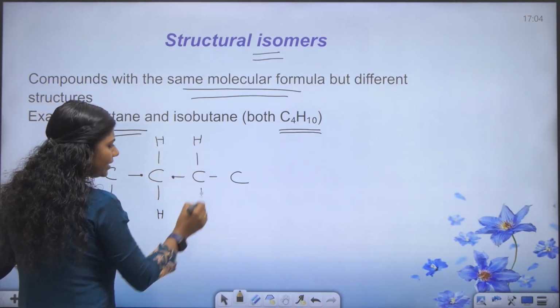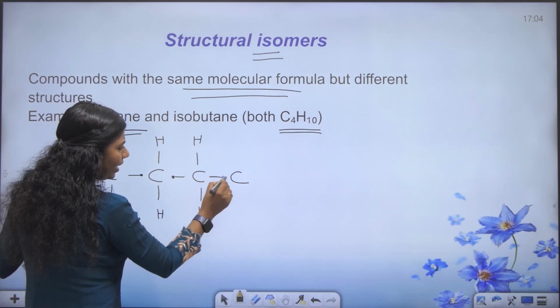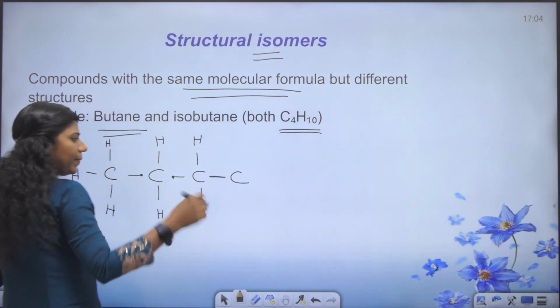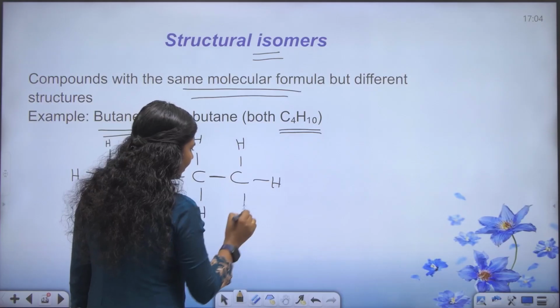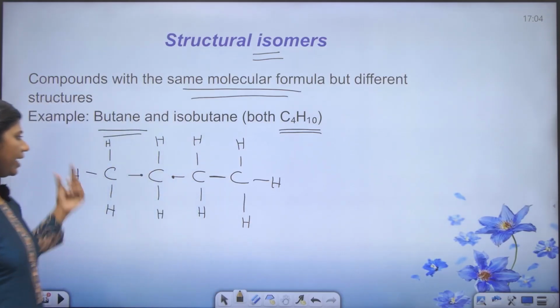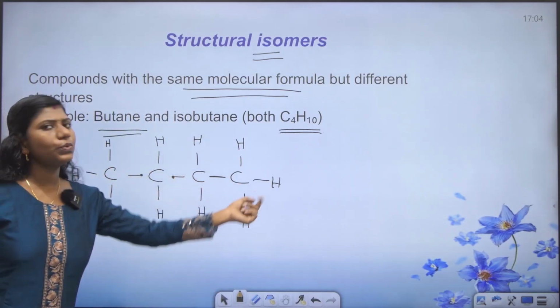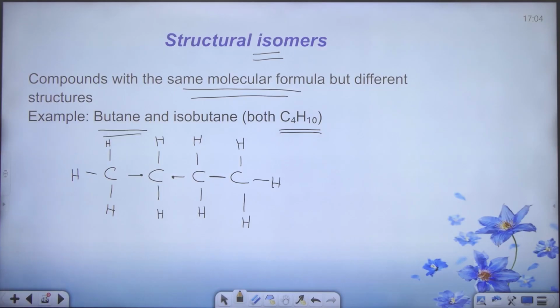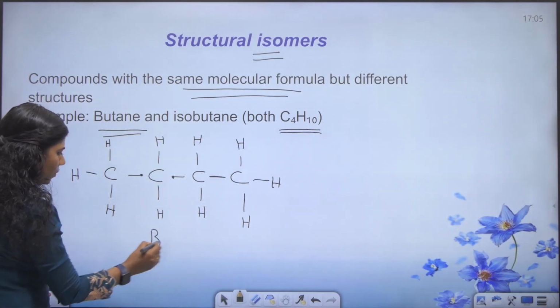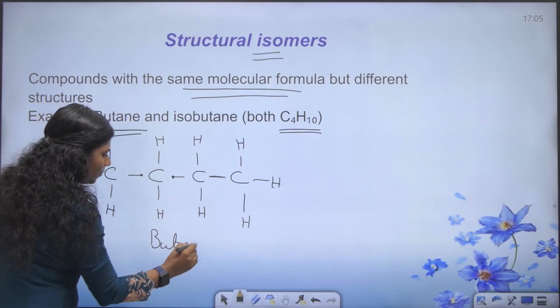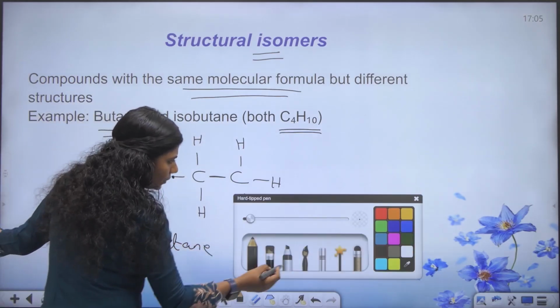In the last carbon atom, only one valency is satisfied and the remaining three are satisfied by hydrogen atoms. CH3, CH2, CH2, CH3. This is butane, molecular formula C4H10. The structural isomer of butane is isobutane.